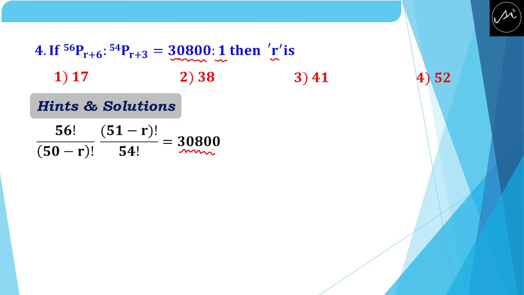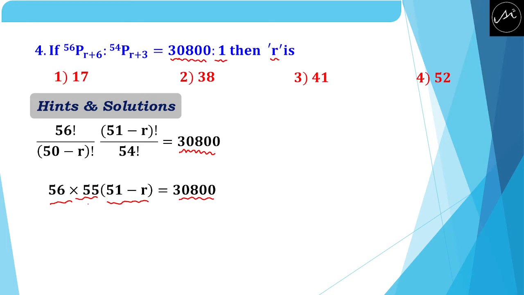equal to 30,800. Now if I simplify this, you can write this as (50 minus r) into (50 minus r) factorial into (51 minus r). So (50 minus r) factorial and (50 minus r) factorial will get cancelled, 54 will get cancelled. So 55 into 56 into (51 minus r) will be equal to 30,800.